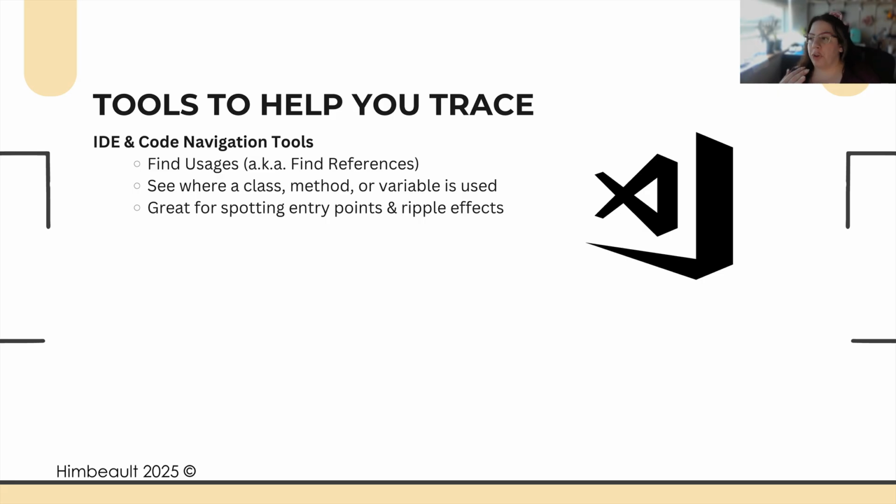We can make sure that variables that are properly private are only being used where they should be, or determine how often variables are being set outside of a constructor. It's really good for spotting entry points of different pieces of information and ripple effects, like where that data may go next, or where that method may kickstart a routine of multiple methods.